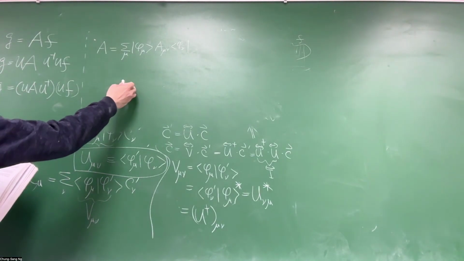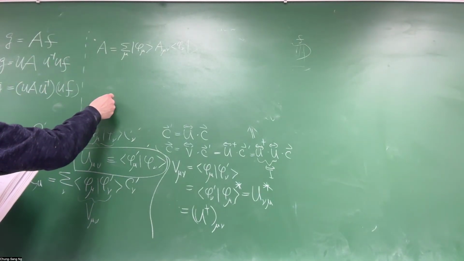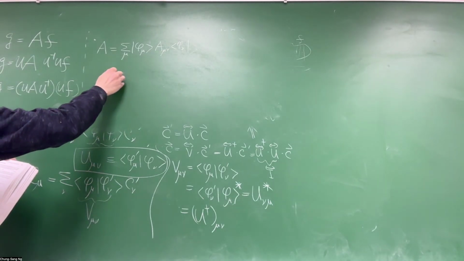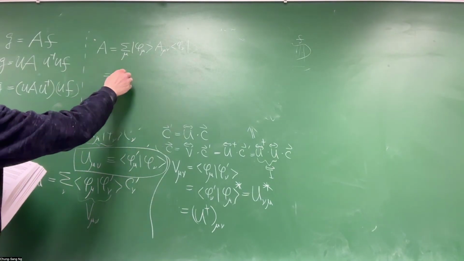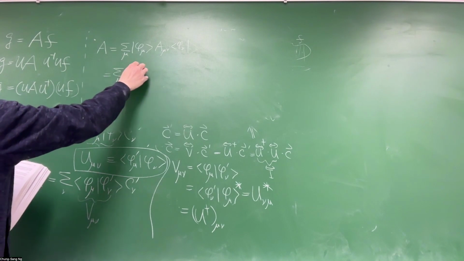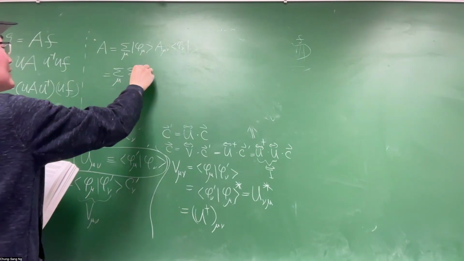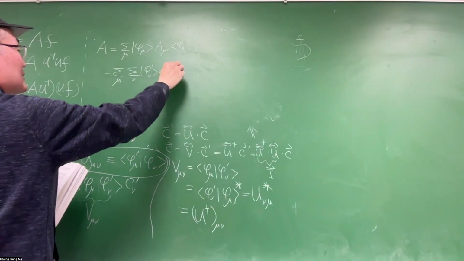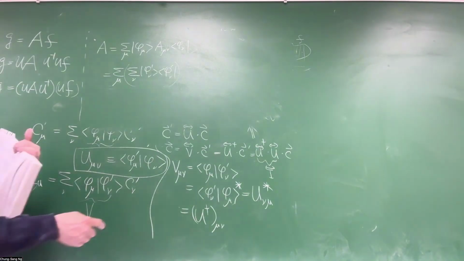And what you can do is insert the so-called identity. That is equal to the sum over the set of phi nu prime, phi nu prime, which is what we call one in Dirac notation.